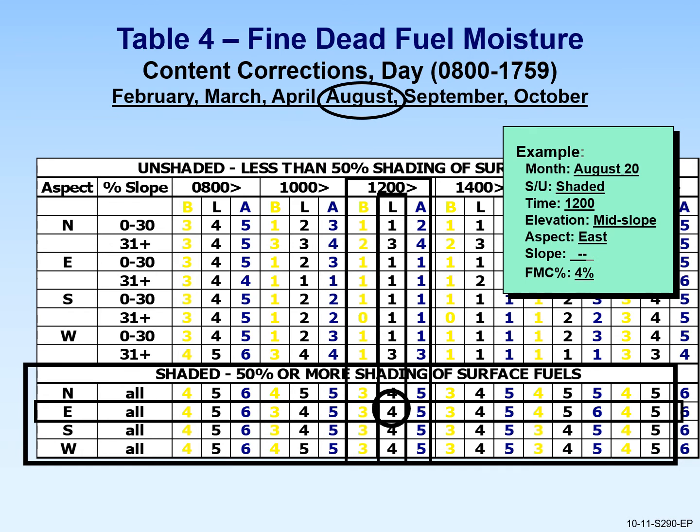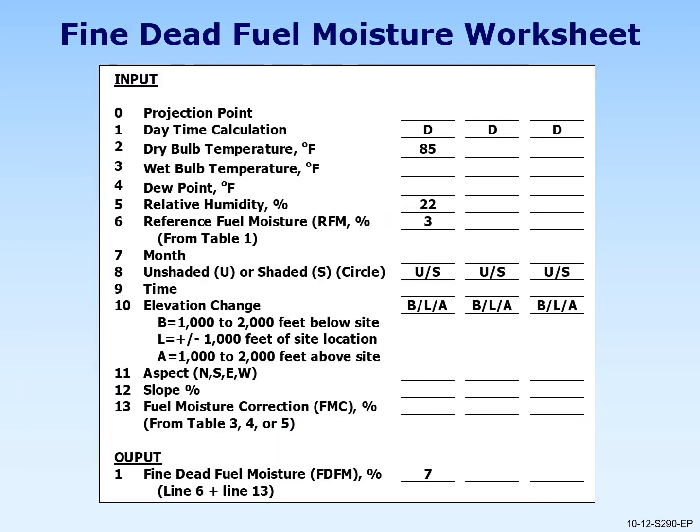Because of all this, our fine dead fuel moisture correction value is 4%. If we add all of our information in to our fine dead fuel moisture worksheet, we have a reference fuel moisture of 3%, a correction value of 4, giving us a fine dead fuel moisture of 7.